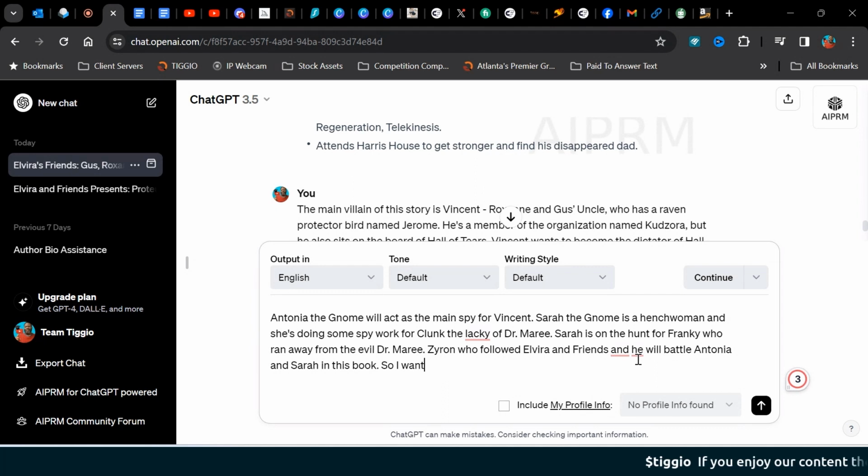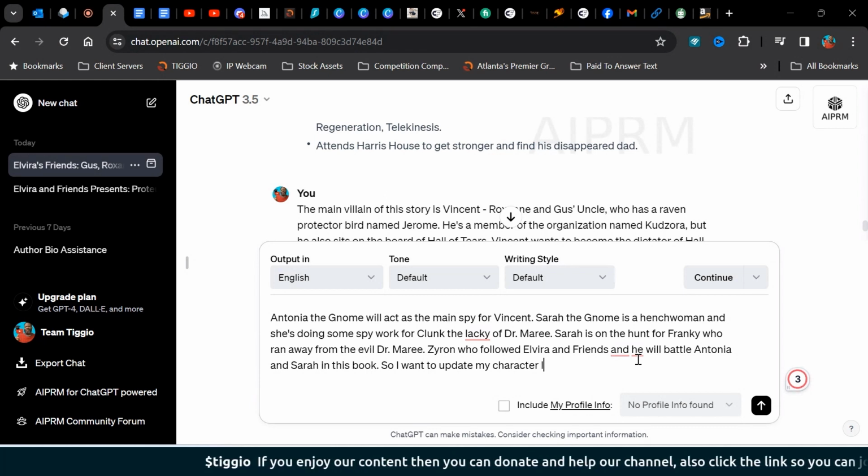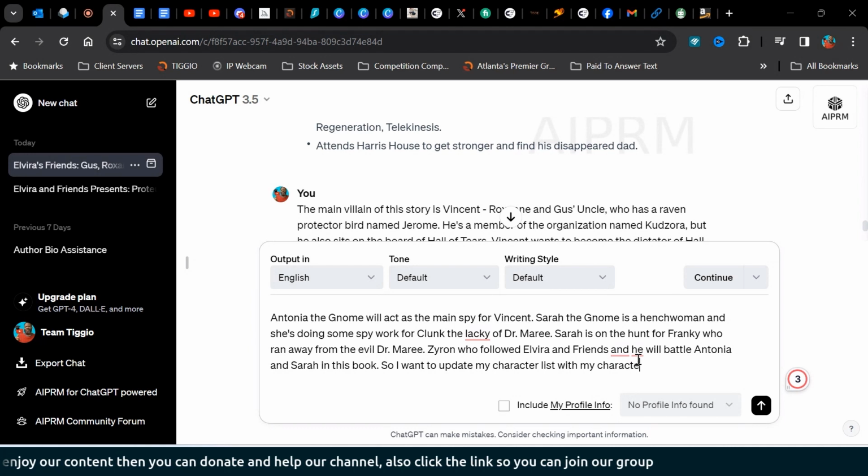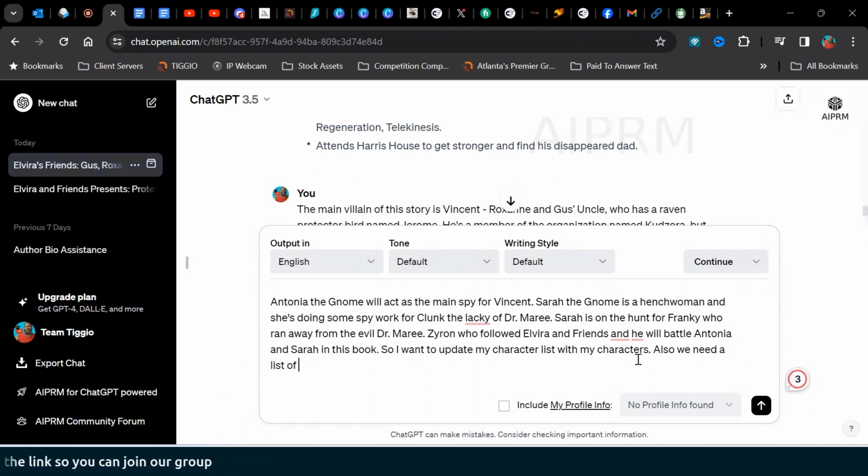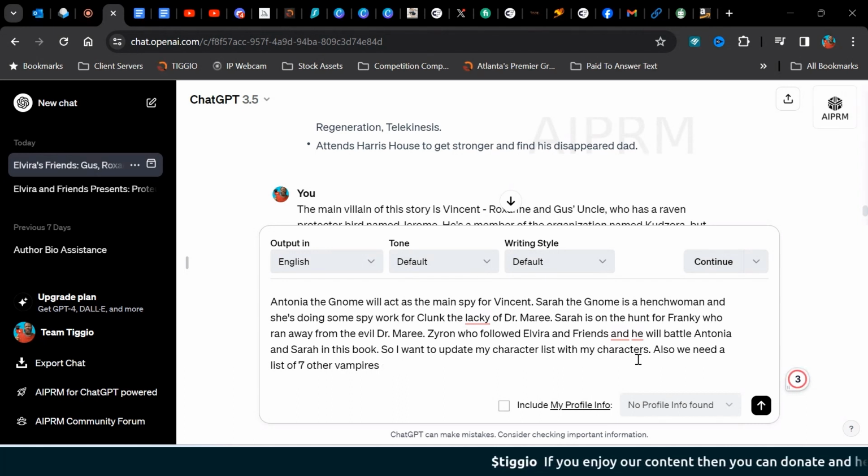So I want to update my character list with my new characters. Also, we need a list of 7 other vampire names that will appear.